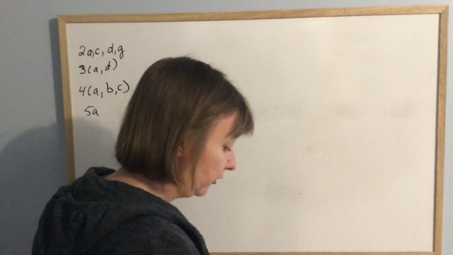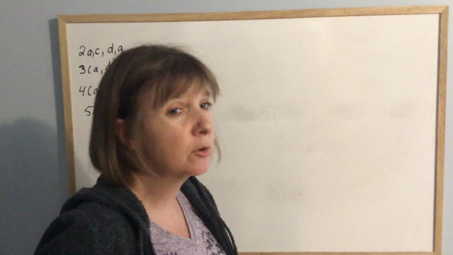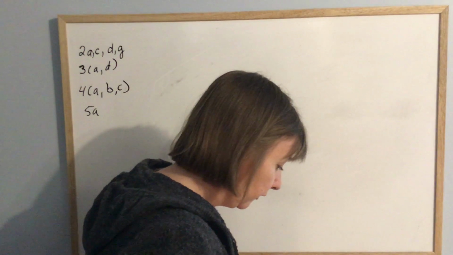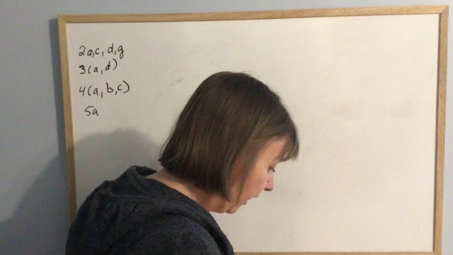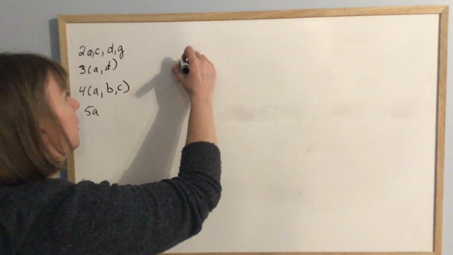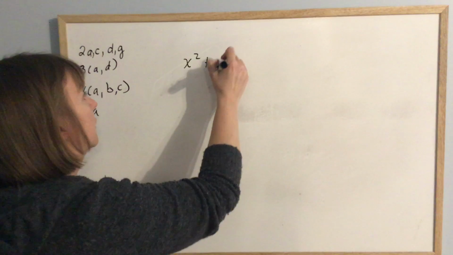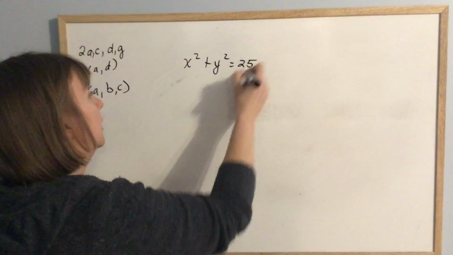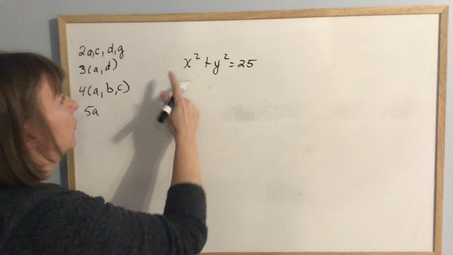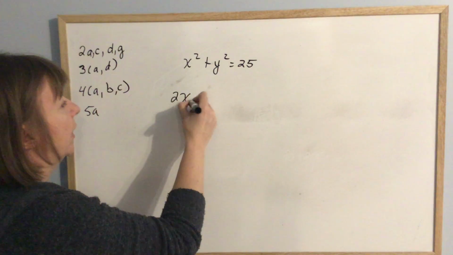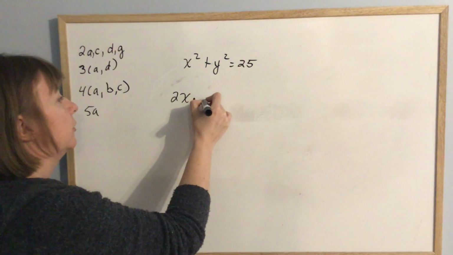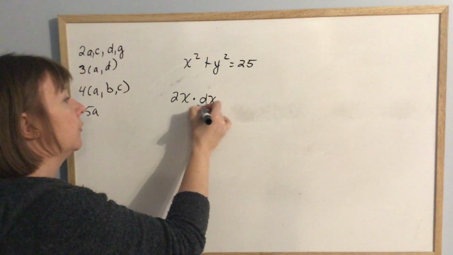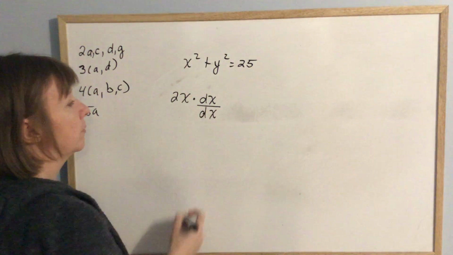So number 2 was just determine dy over dx. In other words, just do the derivative. So 2a, x squared plus y squared is 25. So in implicit differentiation, we're going to do the derivative of x, which is 2x. And then if you want to, you can say I did the derivative of x with respect to x.